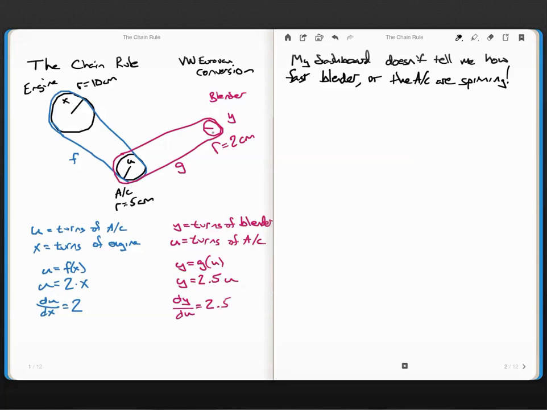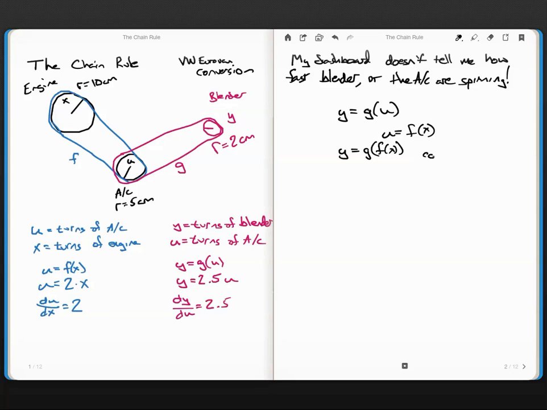Well, if I look at it this way, y is a function of u, right? Ultimately, I'm interested in my blender. So y equals g of u. But u is a function of x, right? u equals some function of x. So that means that y equals g of f of x, right?